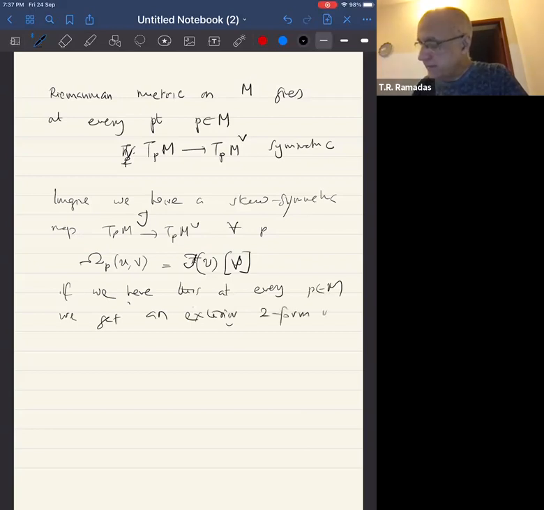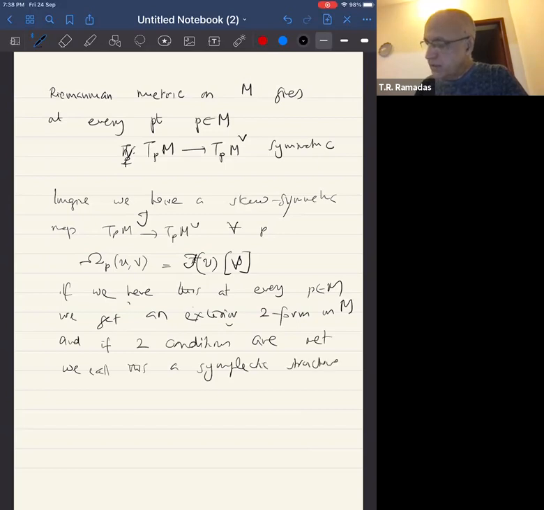on M, and if 2 conditions are met, we call this a symplectic structure. What are the 2 conditions?